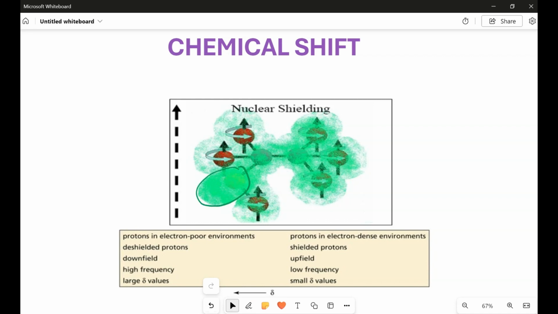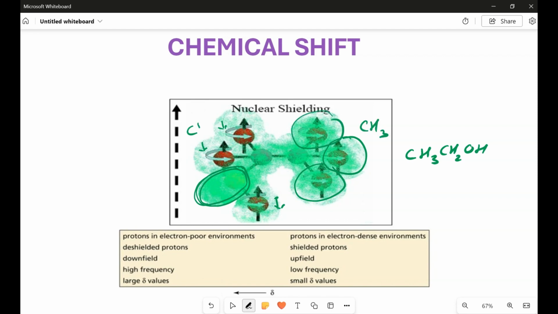This is the electron density chart for ethanol, and you can see the electron density around the oxygen is the maximum, and the electrons around this hydrogen has decreased, and also these hydrogens are less compared to the electron density around these hydrogens in a CH3. So these are CH3, these are the CH2 hydrogen, and this is the oxygen, and this is the hydrogen attached to the OH.